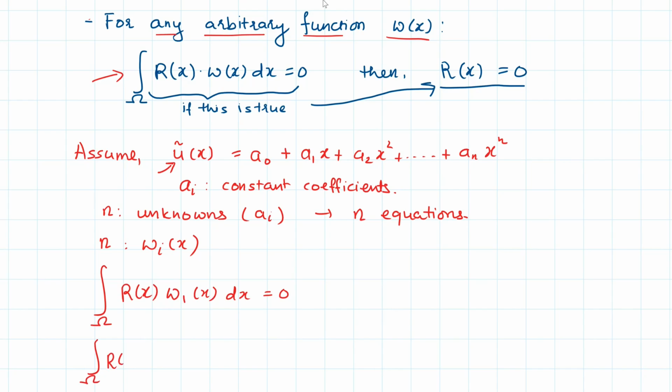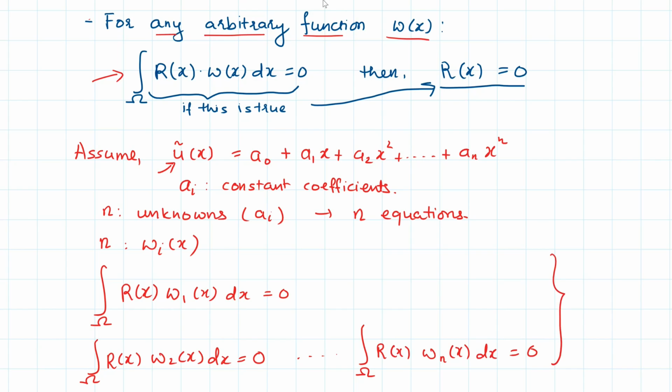The second one would be r of x times w2 of x dx is equal to 0, all the way up to the integration over the domain omega of r of x times wn of x dx is equal to 0. So that way we end up with n equations.